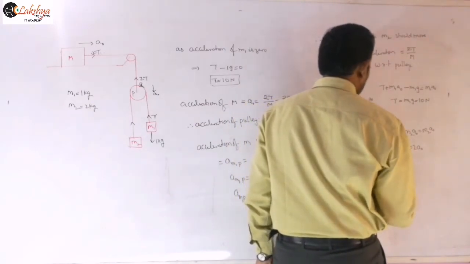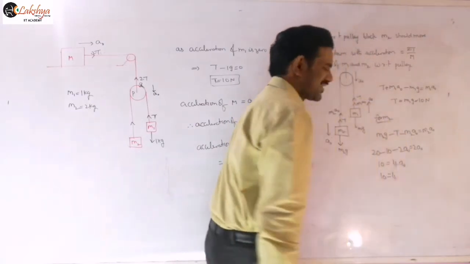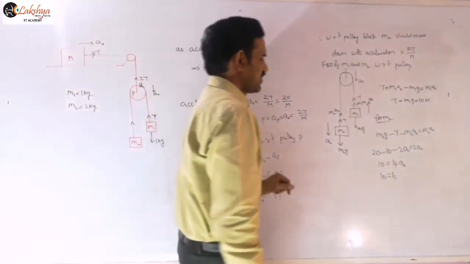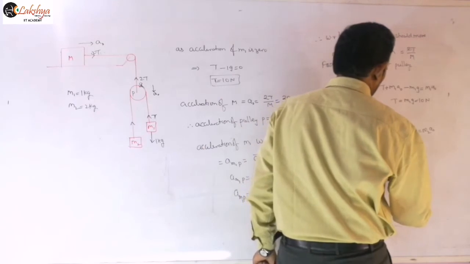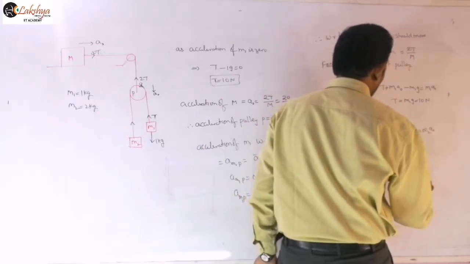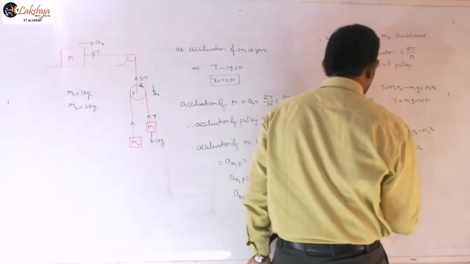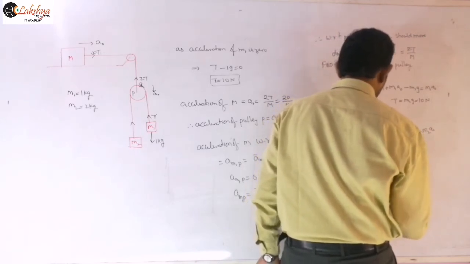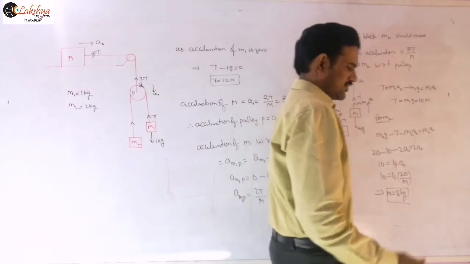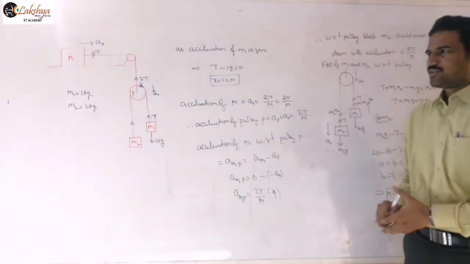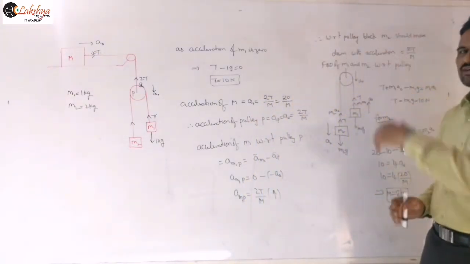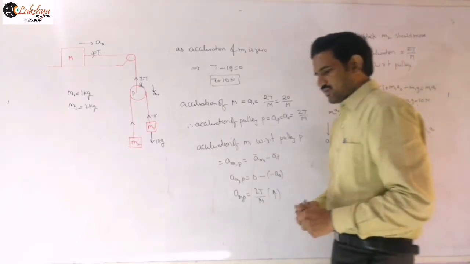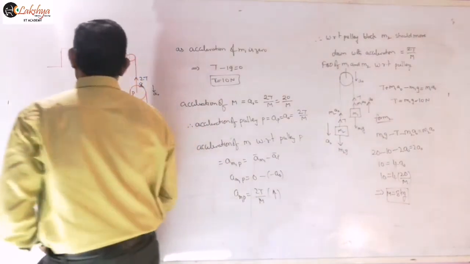That means the A0 value we already mentioned there, this is our A0 here, 20 by m. So therefore it is 20 by m, and that implies this m is equal to 8 kg, right? So that is the mass of the block to be placed at that point there. That means if that much block is placed there, then M1 will move down with uniform velocity, with zero acceleration.